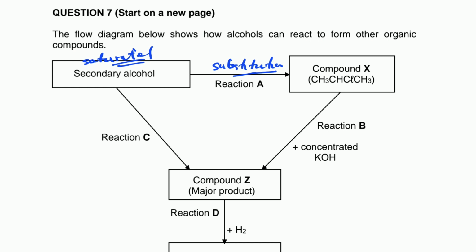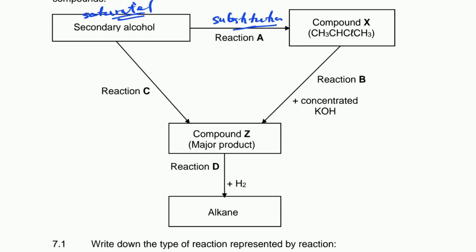Now here you have reaction C and reaction B. Reaction C is going from a secondary alcohol to compound Z, and compound X is going through reaction B to compound Z as well. Then from compound Z, you have reaction D where you add hydrogen and you get an alkane. Very simple analysis here.